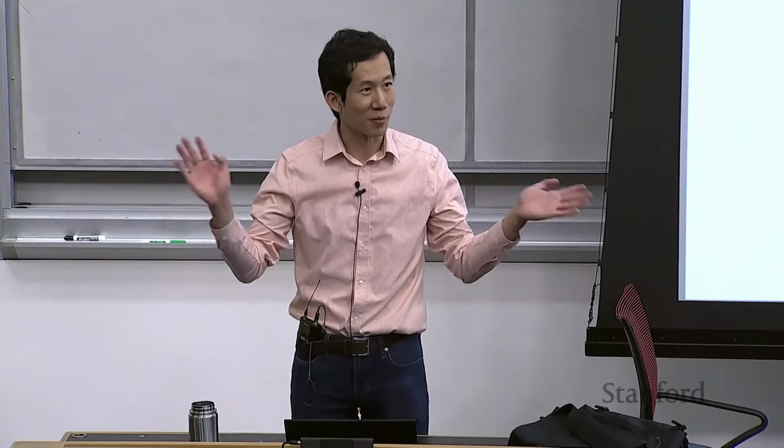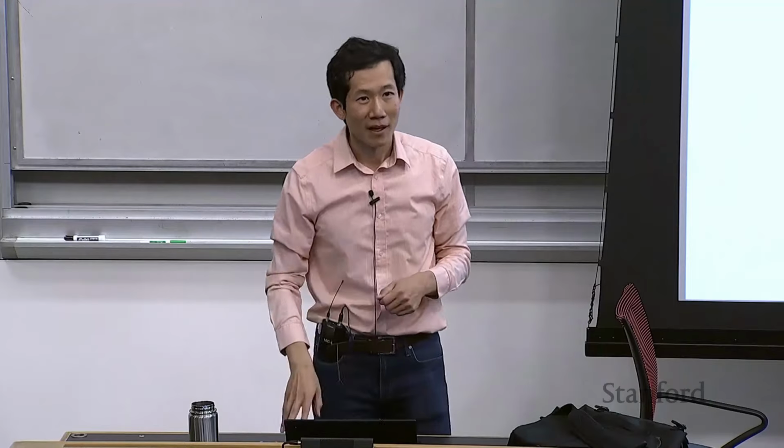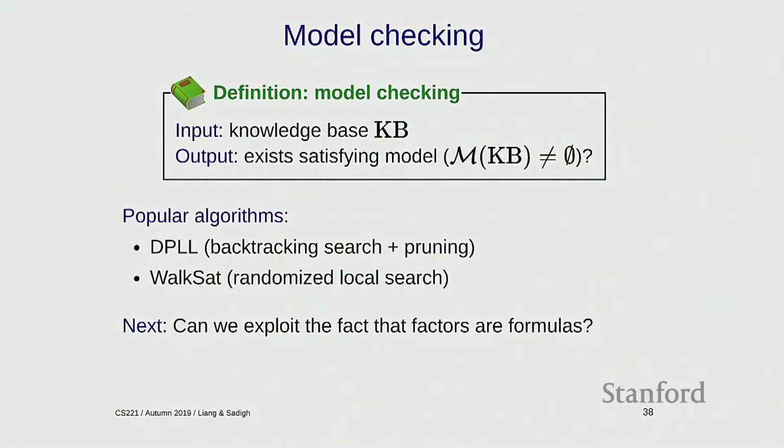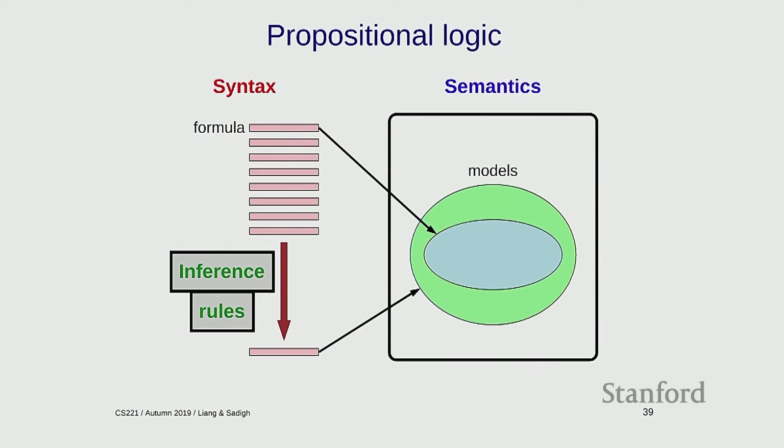So that should be it. But now coming back to the original motivation of x1 plus x2 equals 10 and how we were able to perform that logical query much faster, we can ask the question now, can we exploit that the factors are formulas rather than arbitrary functions? And this is where inference rules are going to come into play.